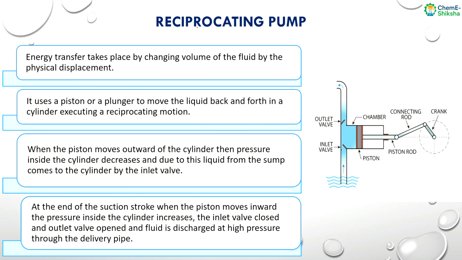Now the reciprocating pump. We told you that there are two types of positive displacement pump. One is the reciprocating pump, another one is the rotary pump. In the case of the reciprocating pump, we can see this is the chamber of the pump and this is the piston.